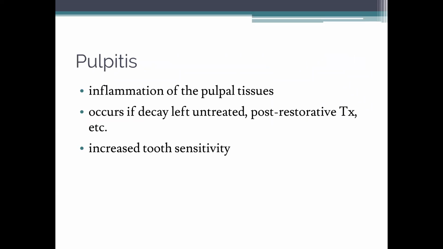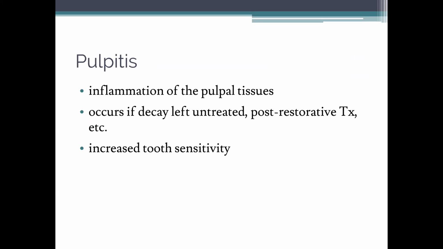We use the term pulpitis. Pulpitis is inflammation of the pulp. It's inflamed. It's undergoing the cardinal signs of inflammation, even though we can't physically see it, but we know it is inflammation. If you don't treat a tooth and it has decay and it gets into the dentin, that is an example of pulpitis. They start getting sensitivity.